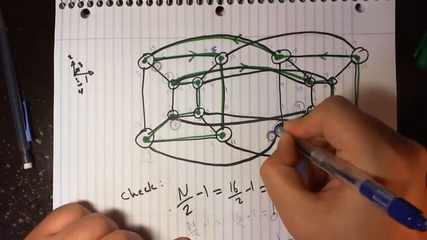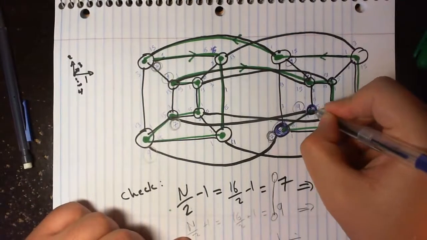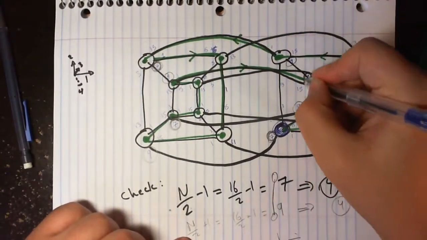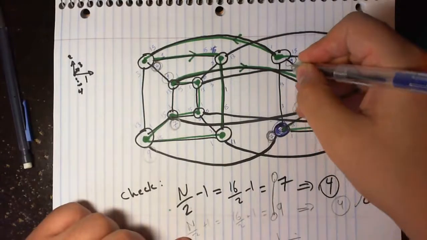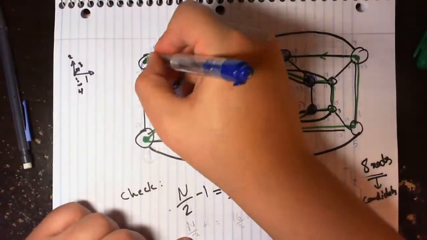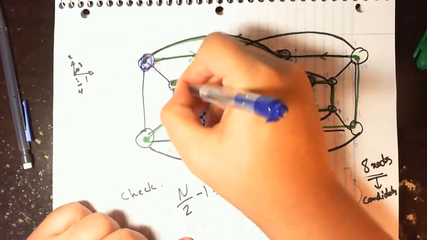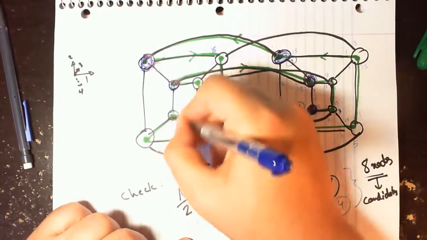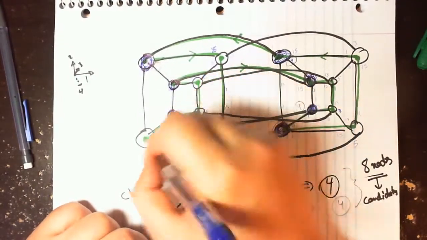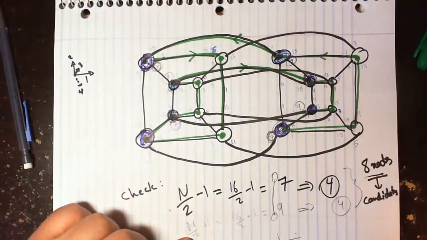There's this one here. There's this one here. There's this one here. There's this node. And the matching ones. Okay.